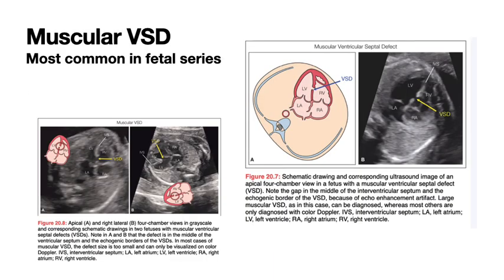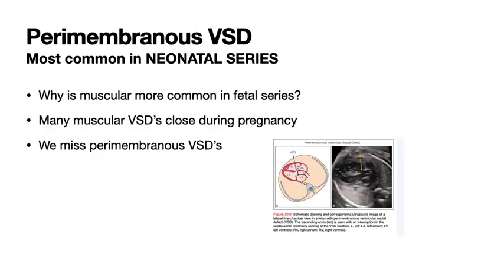Well, muscular VSDs are the most common in fetal series. So here we go with a bunch of different muscular VSDs. And a membranous or perimembranous VSD is the most common in neonatal series. Well, why is one more common in fetuses than in newborns?